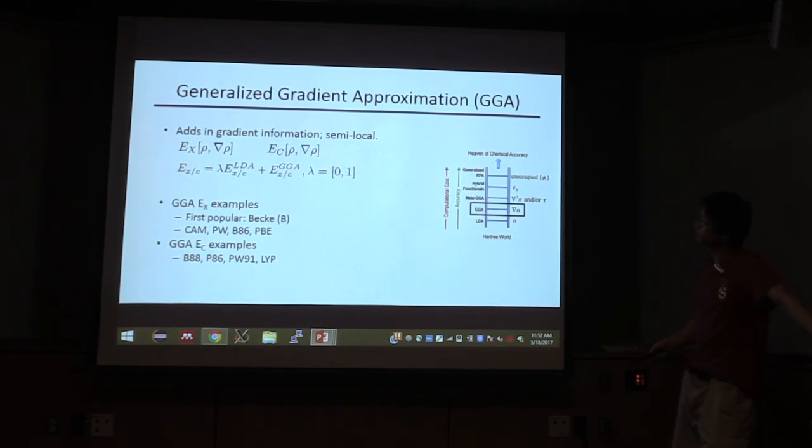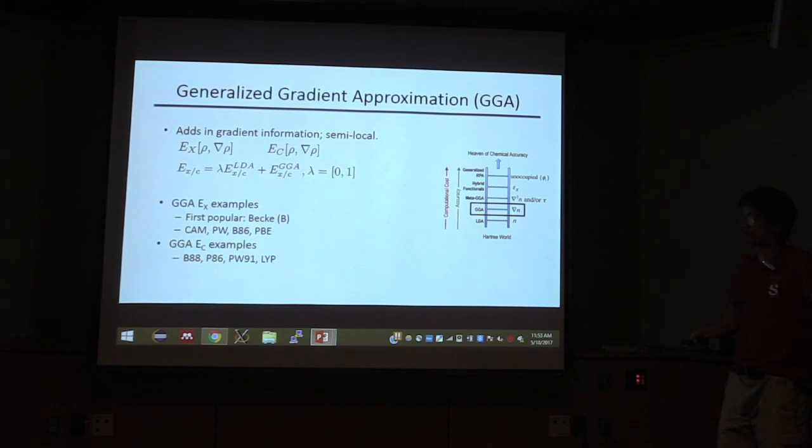The next rung up, if we're going to use the value at a certain point, why don't we also include the slope? So we add in the gradient. These are semi-local functionals.